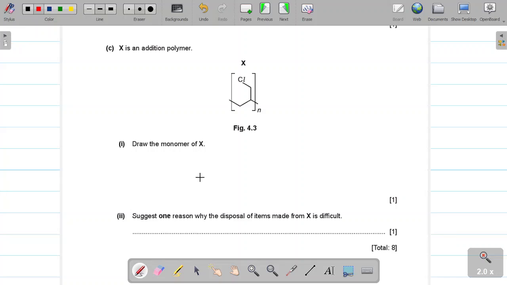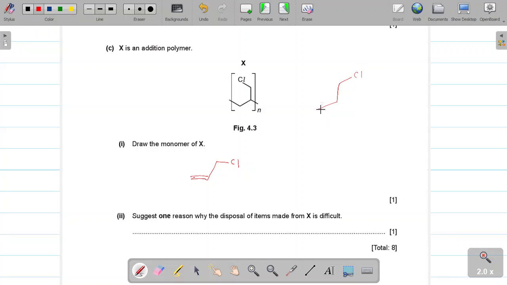So it should become apparent to us that our monomer is this. This is our monomer species here. And we can show this very easily because when we form our double bonds, one unit will just polymerize here.